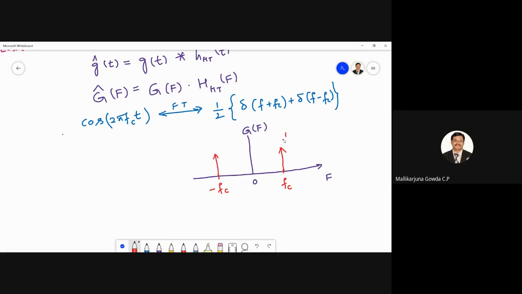So this is 1 by 2 del of f minus fc, and this one is 1 by 2 del of f plus fc. So this is the Fourier transform of cosine of 2 pi fct, which is G of f in my case, right?